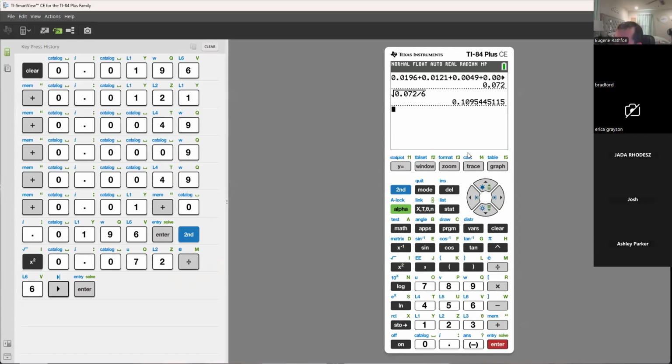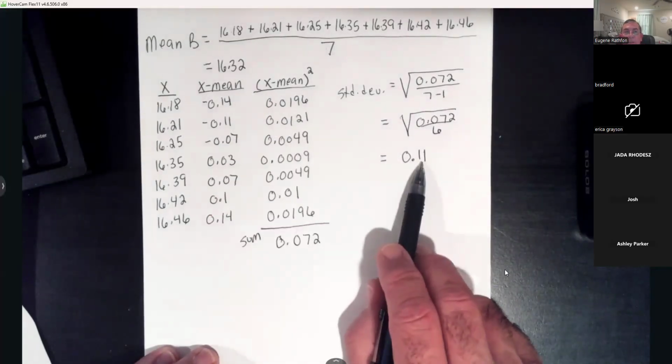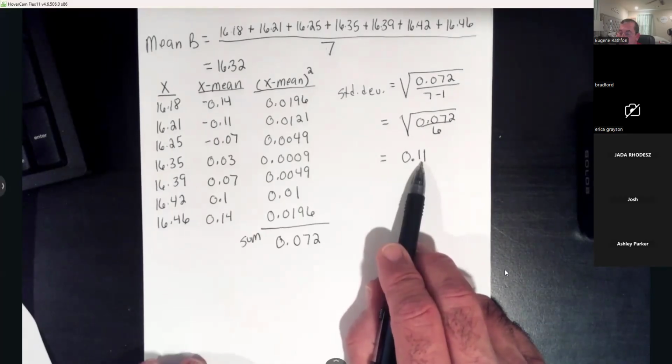So this was 0.1, but y'all look, that zero's in the second decimal place, but it has a 9 after it. So we will round that 0 up to a 1, and that'll give us a 0.11. And also, we got our mean, 16.32, standard deviation of 0.11.